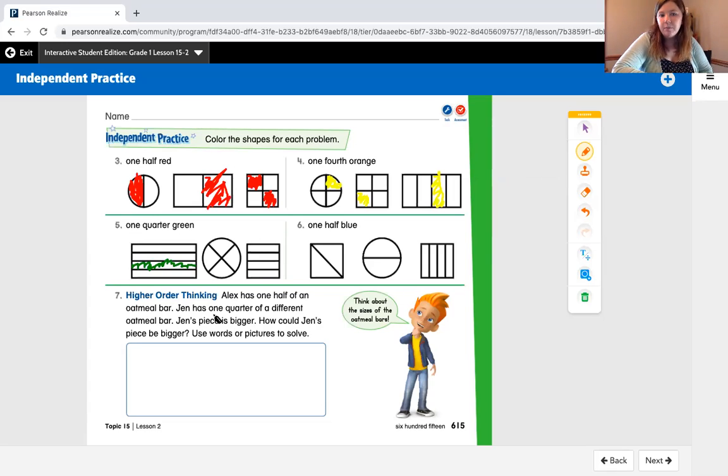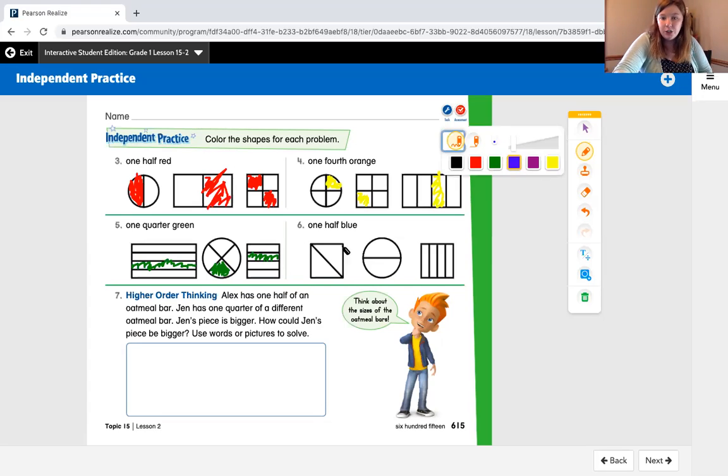How many sections am I going to color to make 1/4 green? 1. Good. Again, we have 4 sections, and I'm going to color in one of them green. This is 1/4 green.